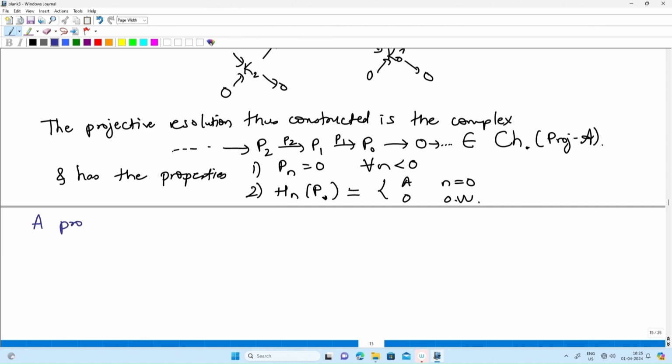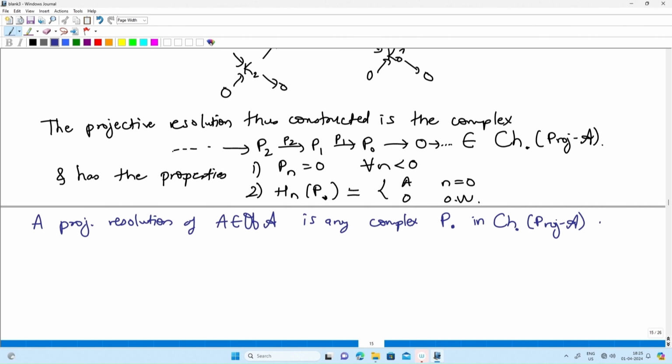A projective resolution of A is any complex P dot in CH dot of proj A satisfying 1 and 2 above. Okay, so it has to satisfy this.